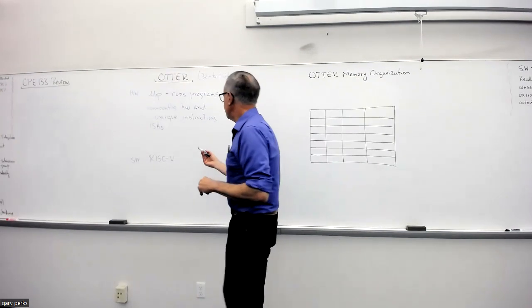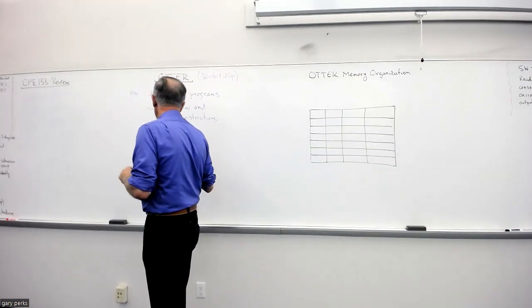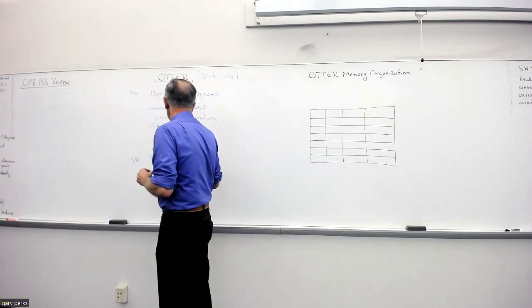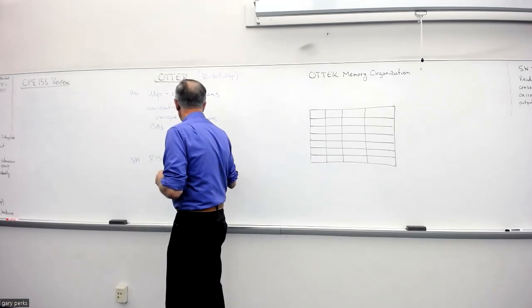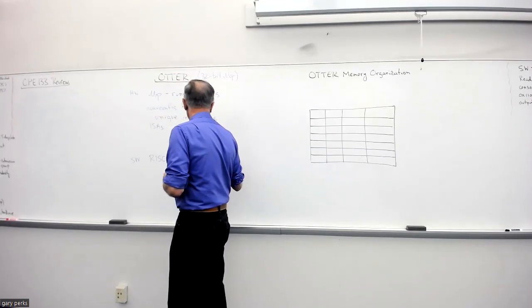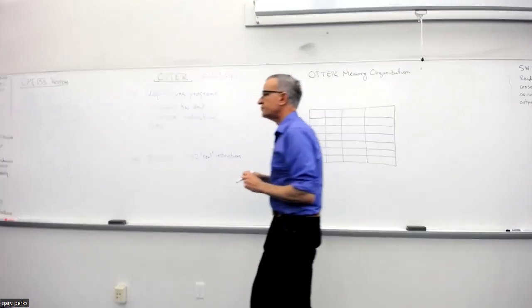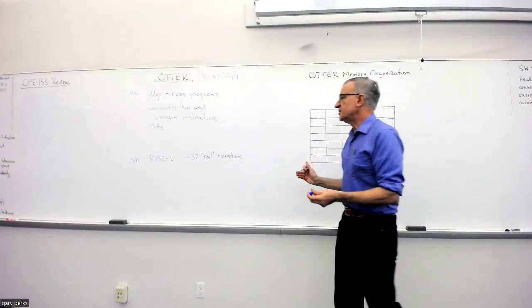Now the Otter has approximately, don't hold me to this, but it's close, approximately 32 what are called real instructions. Okay, so what do we mean by real in this case?